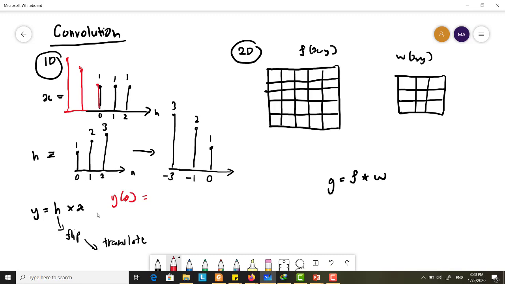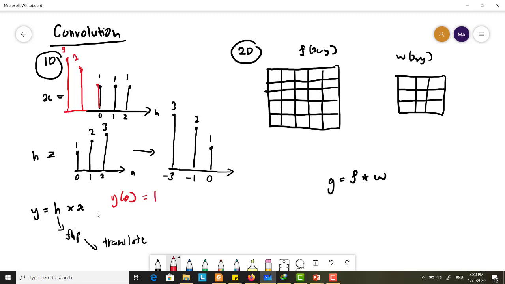As you can see, the only one that overlaps is this one. The rest do not overlap. In the summation, anything whose product is equal to 0 leaves only this one. So now your yn equals 1.